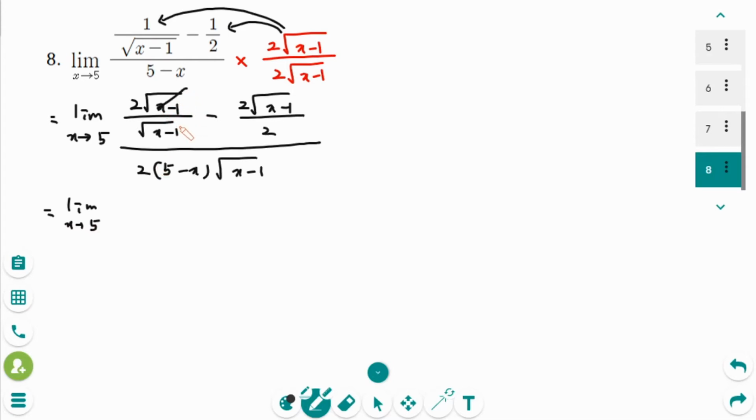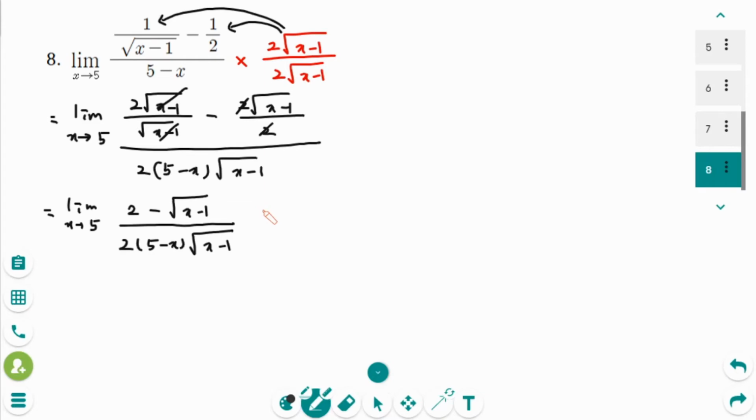And then simplify (2 − √(x−1)) over 2(5 − x)√(x−1). This question is in the 0 over 0 form with the square root again.